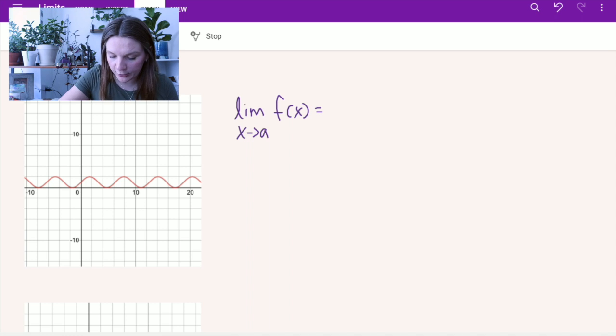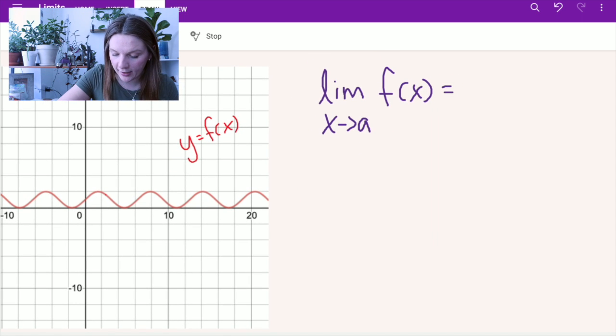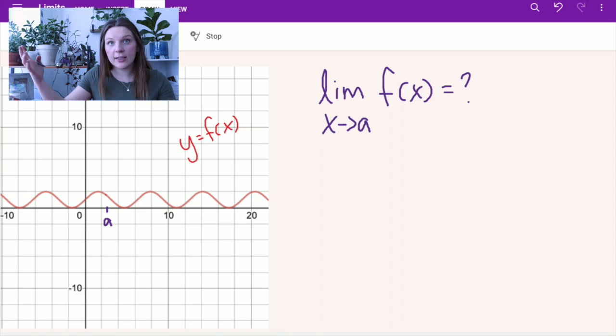Well, if we look at this first graph I have here, we'll say that this is y equals f of x. And let's choose a value to be our a. So let's say a is right here. Then we can talk about the limit of my function f as x goes to a, either from the left-hand side or the right-hand side.